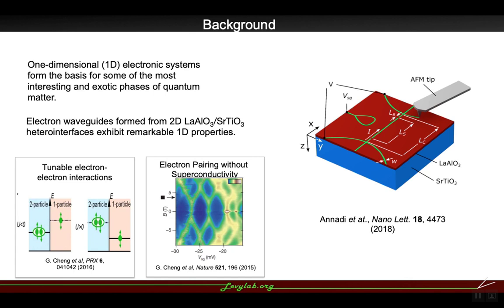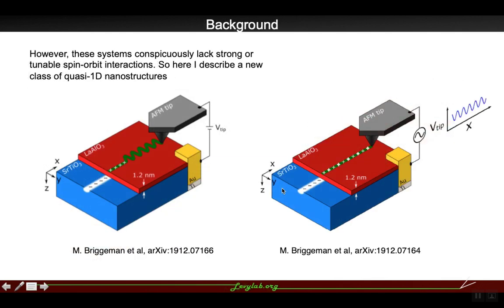In my group, we already write some electron waveguides, which show many remarkable properties such as tunable electron-electron interactions and electron pairing without superconductivity. But in these systems, there is still a lack of strong spin-orbit interactions. So here I describe a new class of nanostructures.